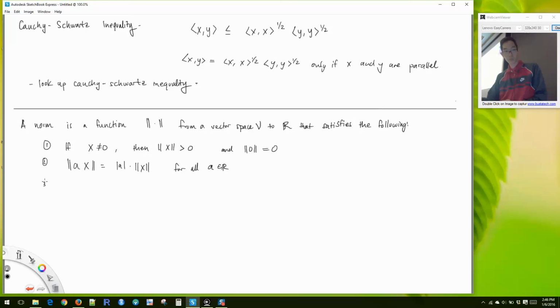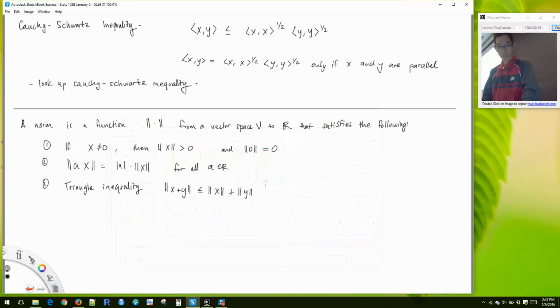Okay, and then we have what we call the triangle inequality, where the norm of x plus y will always be less than or equal to the sum of their norms. Okay, and so we've got a few examples of norms. I guess this is as far as we'll get today.